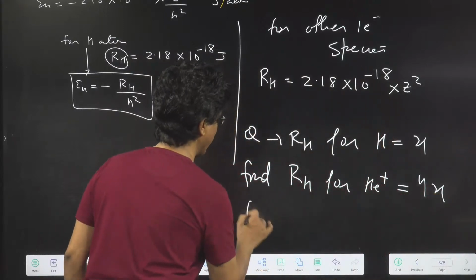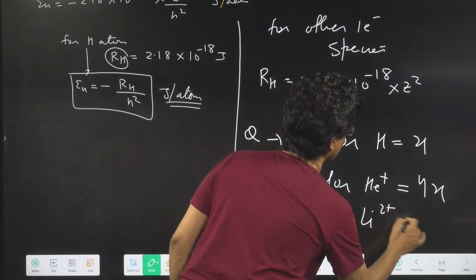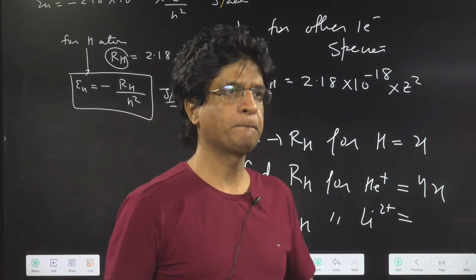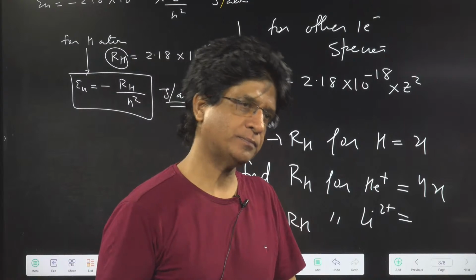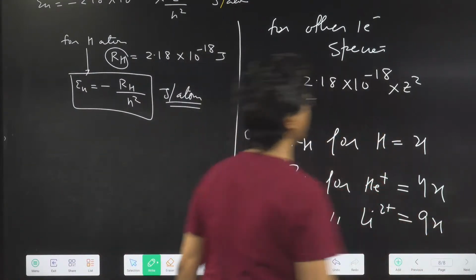And if they ask you to find the RH for lithium 2 plus, it will be 9X. Multiply by Z square.